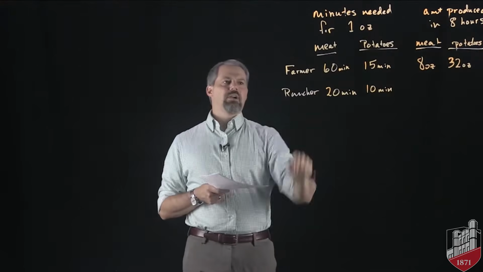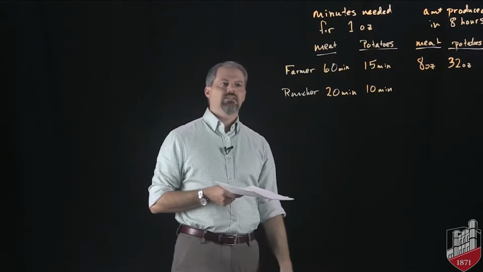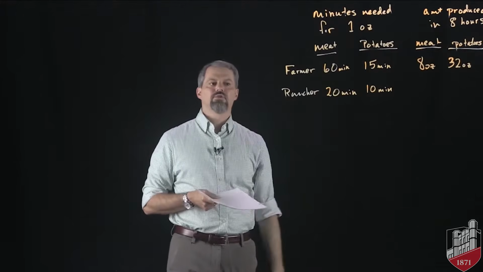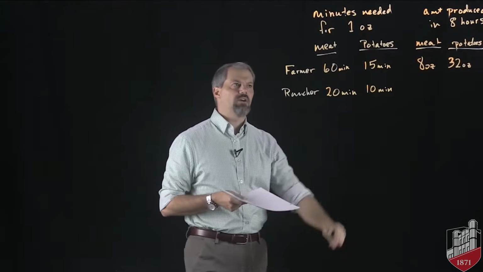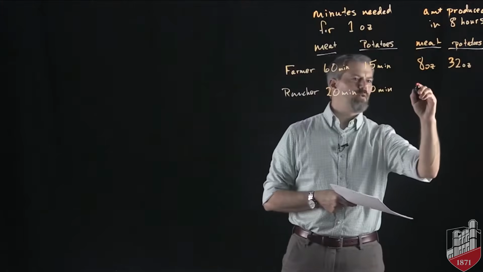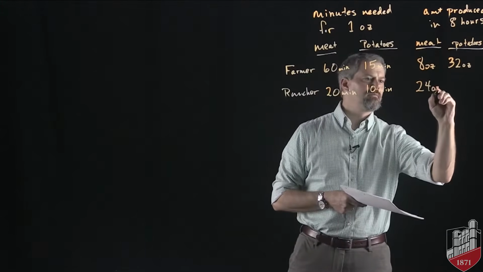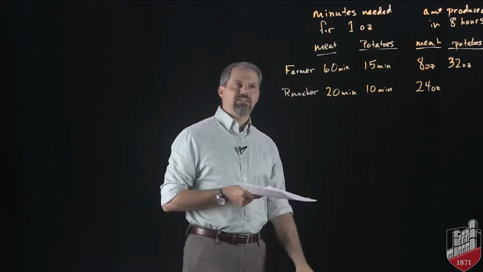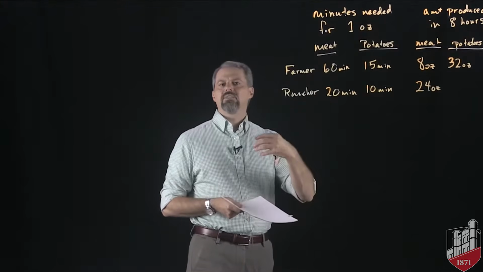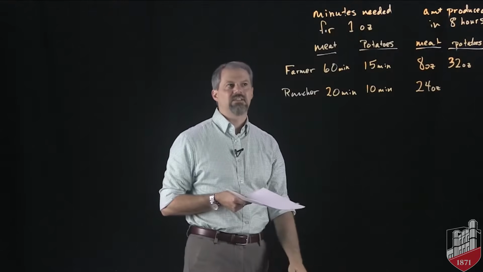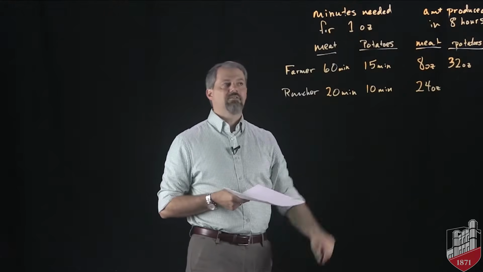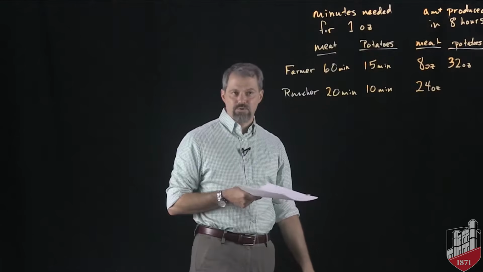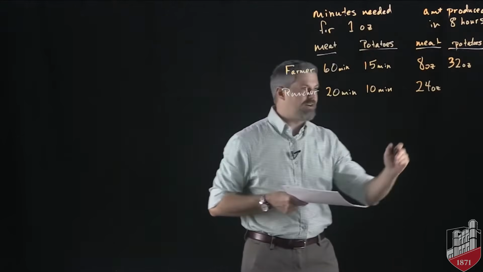The rancher needs 20 minutes to produce an ounce of meat. That means the rancher can produce 3 ounces of meat every hour, and in 8 hours could produce 24 ounces. The rancher needs 10 minutes to produce an ounce of potatoes. That means the rancher can produce 6 ounces every hour. And if the rancher spends 8 hours producing potatoes, that would be 48 ounces.